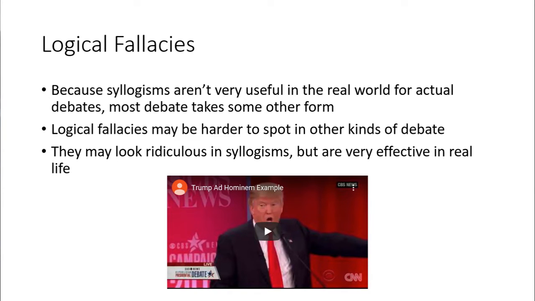Syllogisms aren't really very useful for actual debates because people don't debate over things that are simple matters of fact, or they really shouldn't, but that doesn't stop people from doing it. If you're at all familiar with politics in the U.S., it's a very unfortunate state of affairs, but anyway, in an ideal world, people would not debate things that are simple, observable facts.